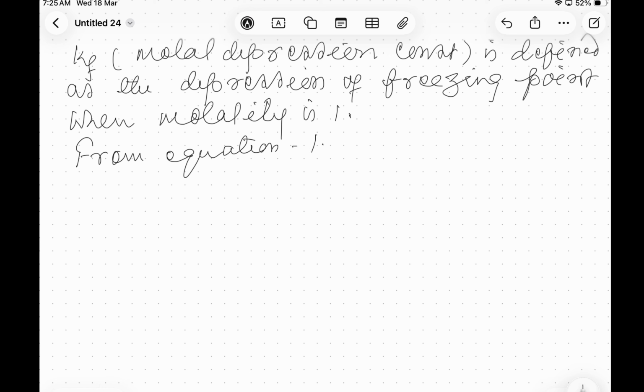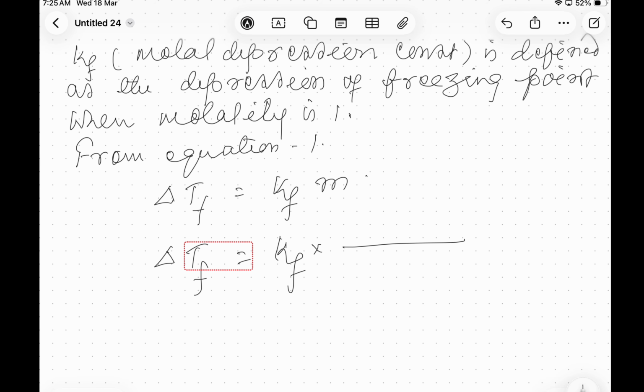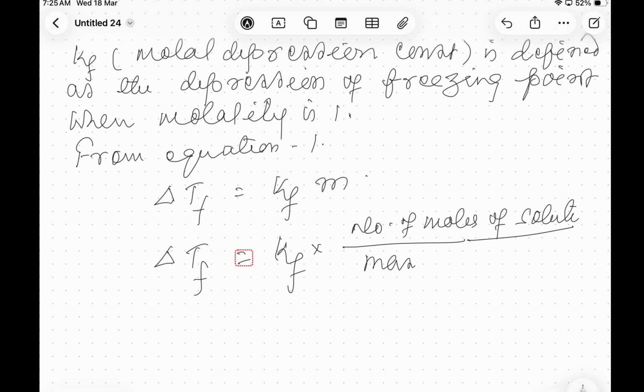From the above equation 1, we may write delta TF equal to KF into m, and m, as we know, can be written as number of moles of solute by mass of solvent in kg.